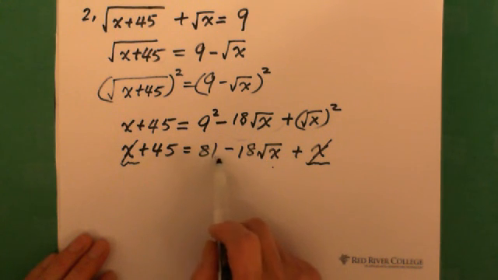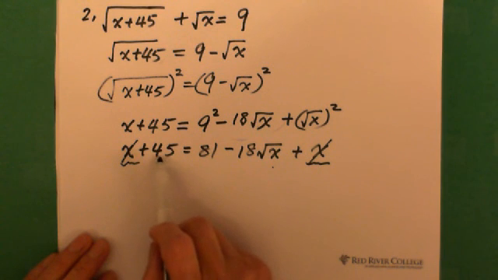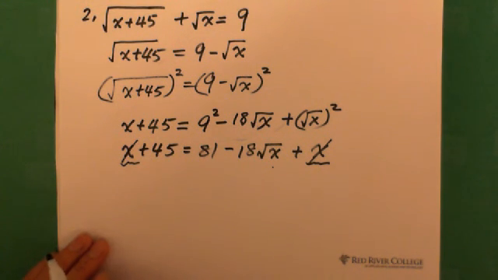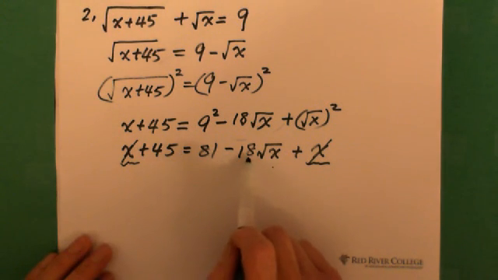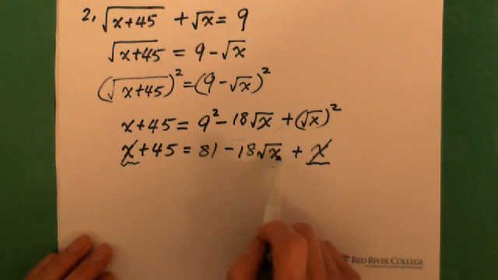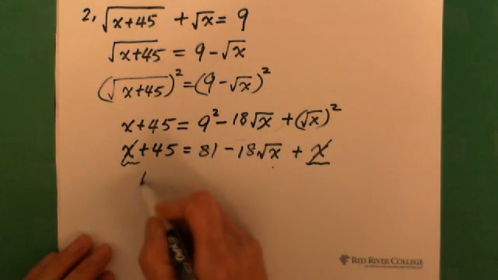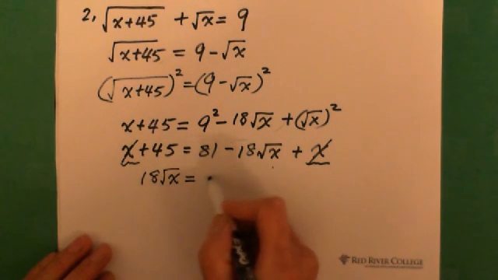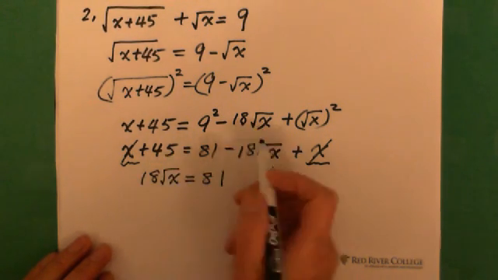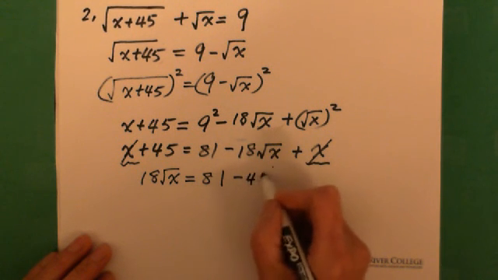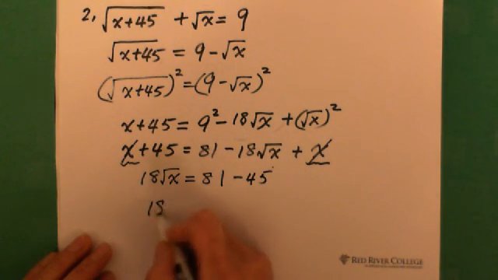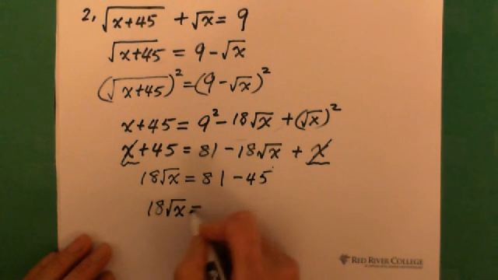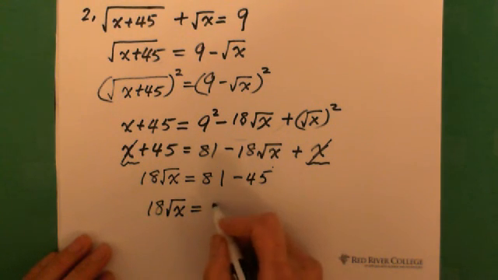Combine the 81 on the other side with 45. So what we can do, we make it less negative. We move negative 18 radical x to the left side. We got 18 square root x, which is positive. And transpose 45 to the right side, minus 45. So we have 18 square root x equals 81 minus 45, which is 36.